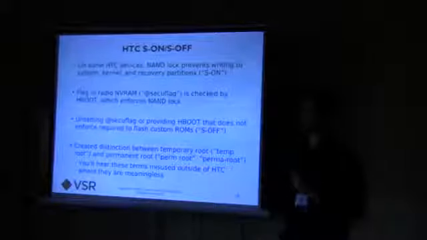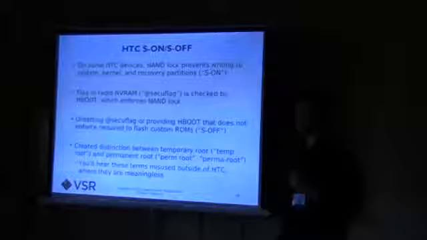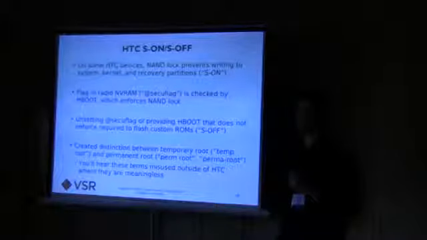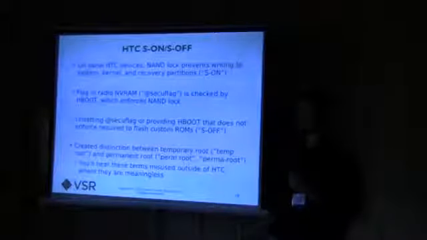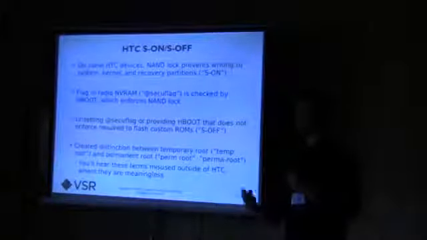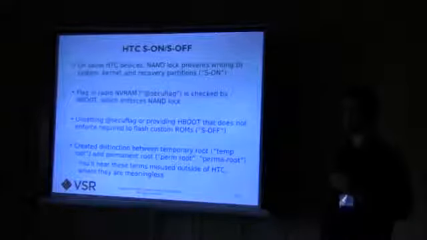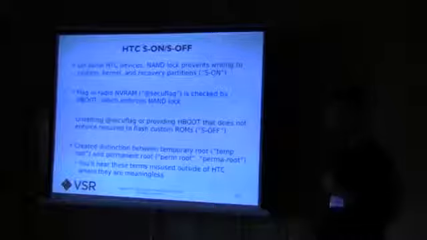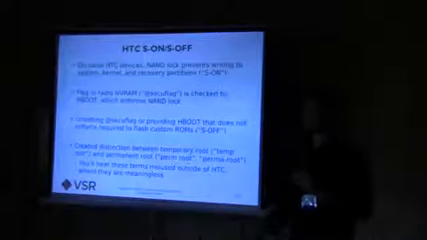And if it's set, then it knows to lock this flash memory down. So if you want to flash custom ROMs to your phone or modify the system partition in any way, you need to either unset this flag or flash an hboot that doesn't enforce this restriction. And this is sort of that distinction that you may have heard of between temporary root and permanent root that people frequently use in the Android world. People use these terms outside of the HTC world, and they don't make sense there.